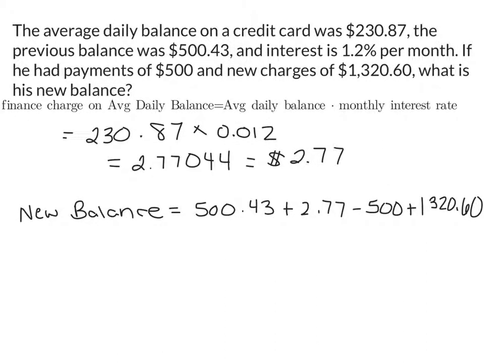Our new charges totaled $1,320.60. Now we just need to add and subtract these values. When we do that on our calculator, we get a new balance of $1,323.80. And that is the new balance and our final answer.